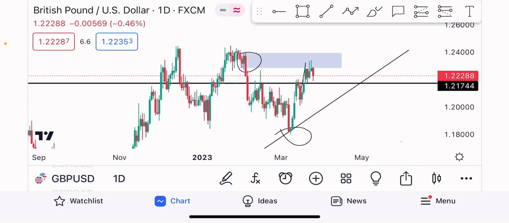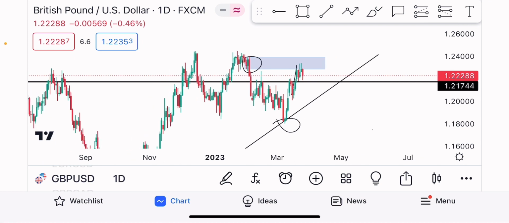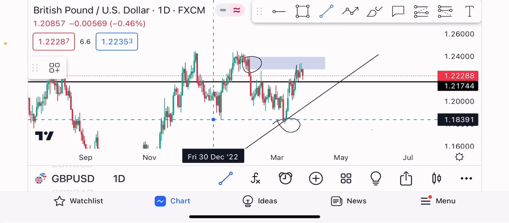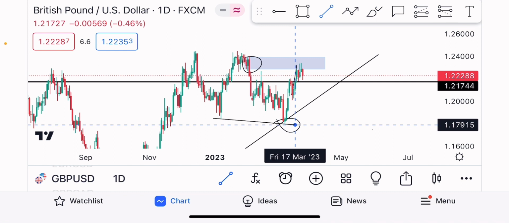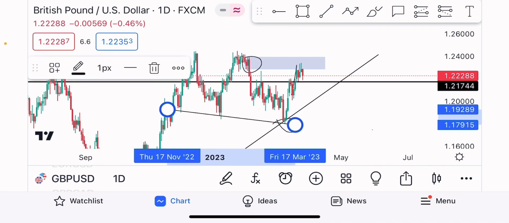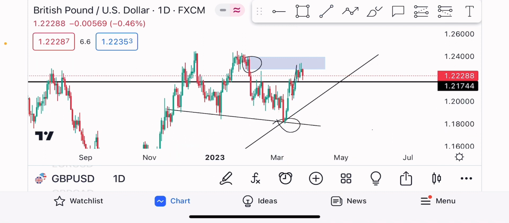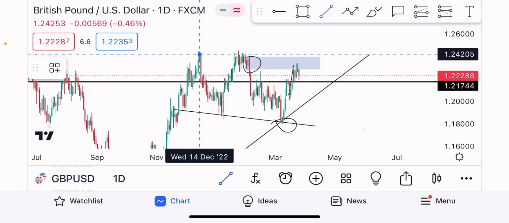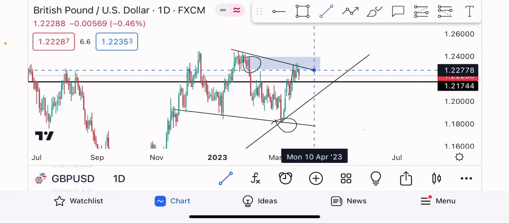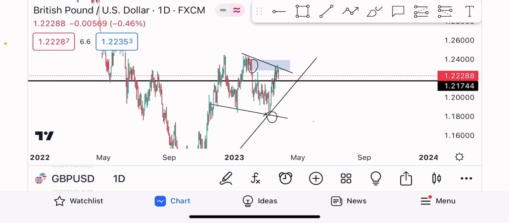So the daily time frame scenario is actually bearish, because of these lower highs the market has been creating. No doubt.